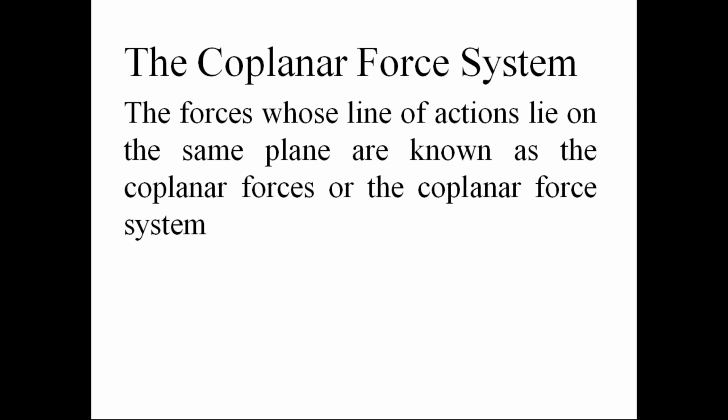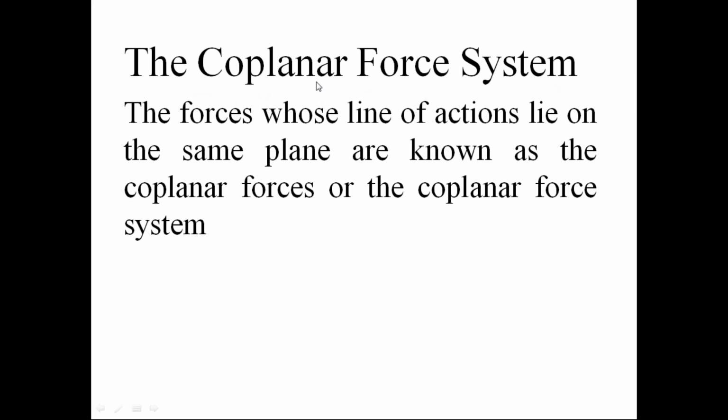The blackboard is a vertical plane. The floor is a horizontal plane. The wall is a vertical plane. The slab is a horizontal plane. So the level surface is called a plane. Coplanar means same plane.